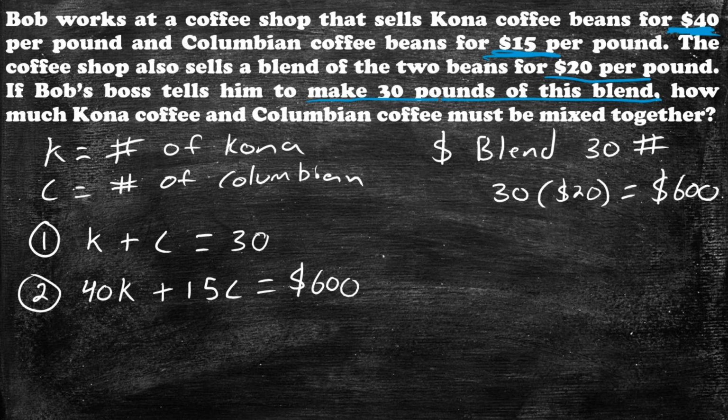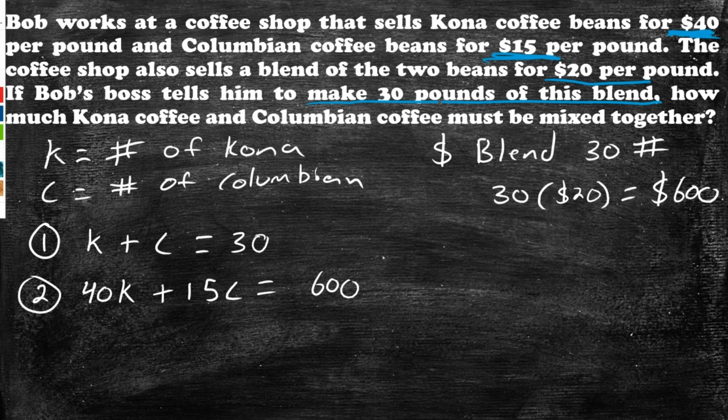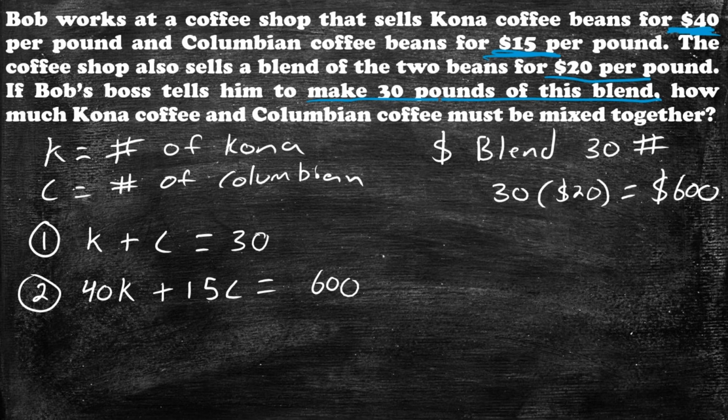Okay, so I'm going to just erase the dollar sign there. So those are our two equations. All right, so now what we want to do is solve this here, and I'm going to use the addition method again. So I'm going to multiply equation 1 by -15 so we can cancel out the c's.